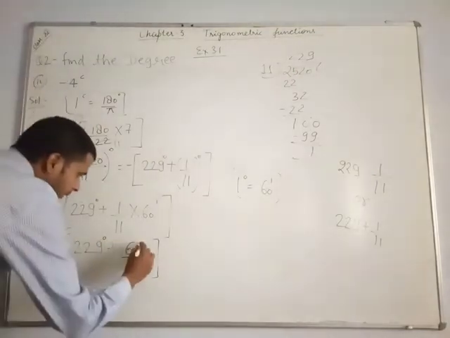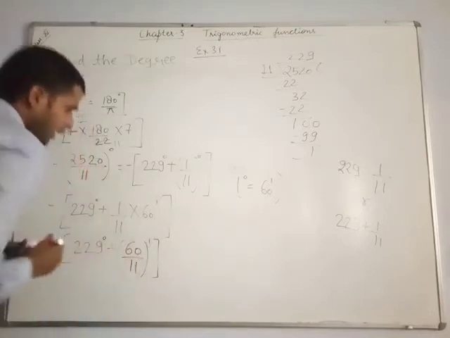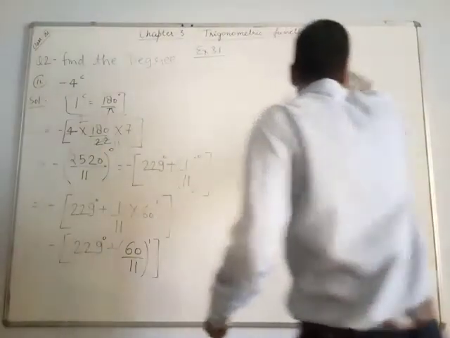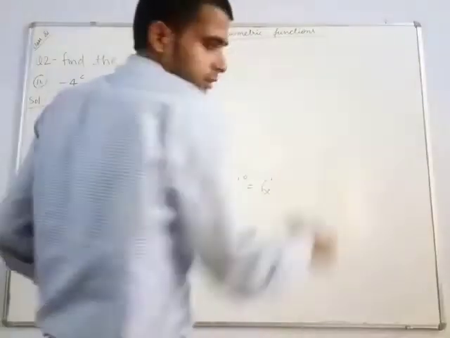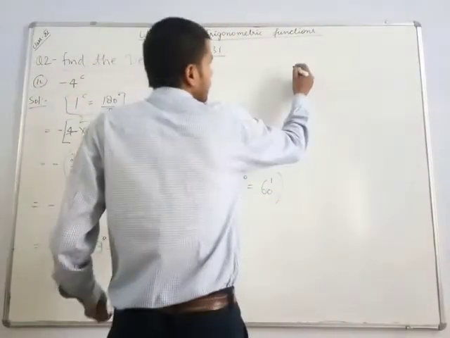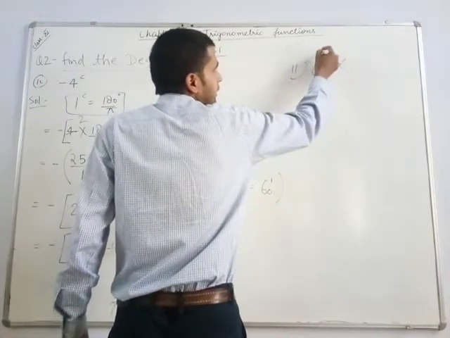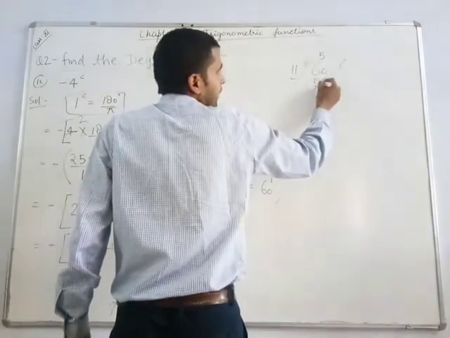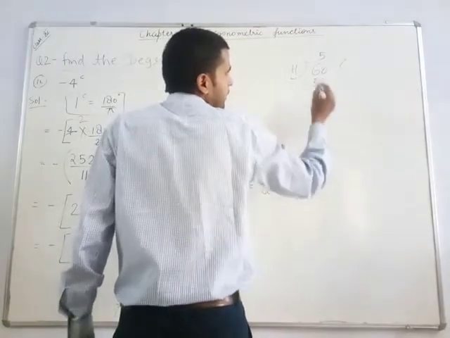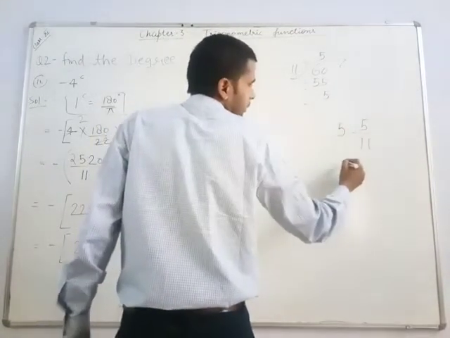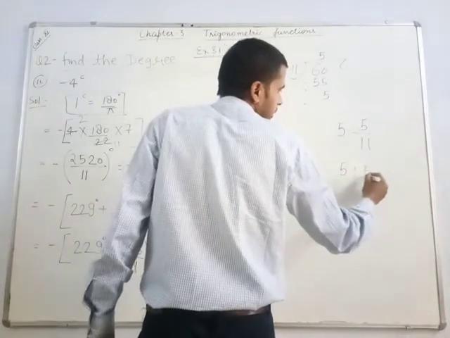So 60 upon 11 means again divide 60 by 11. 11 by 55, 5. So 5 upon 11, or 5 plus 5 upon 11.